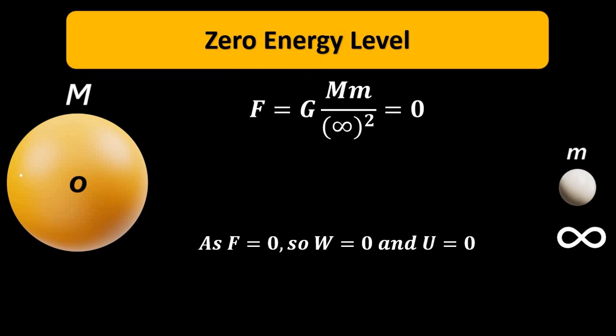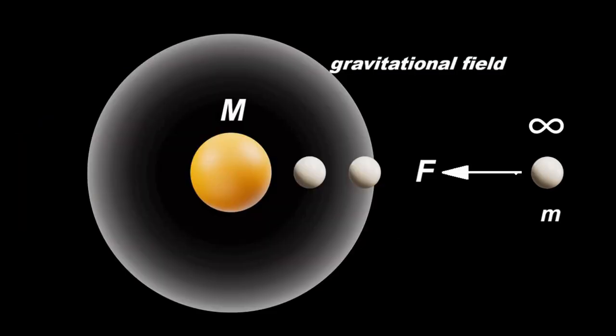When the two objects are separated by an infinite distance, the gravitational force is negligible, or 0. Now let us say this object slowly starts entering the gravitational field and is within the gravitational field of this yellow mass.